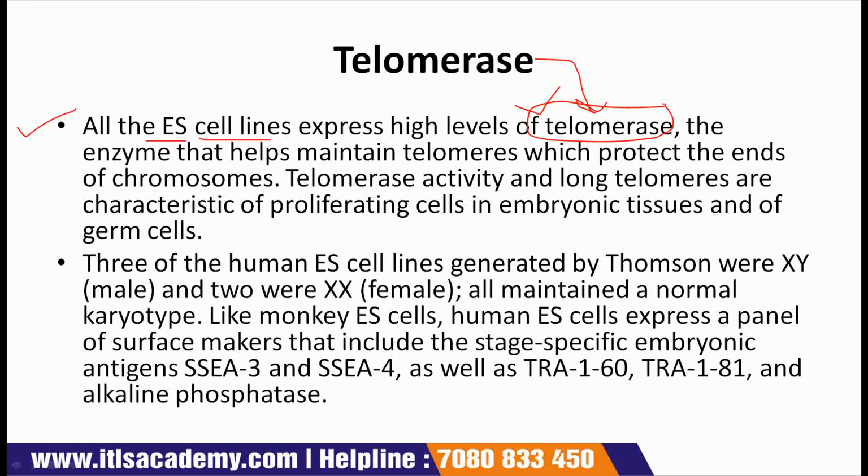These can extend the cell life. So all the embryonic stem cell lines express high levels of telomerase. Further, after many generations, this telomere shortens, and after shortening of this telomere, the cell ultimately goes to death.